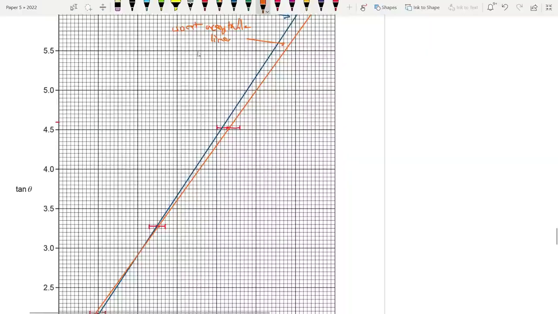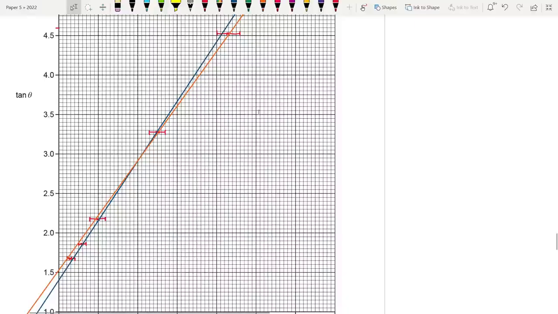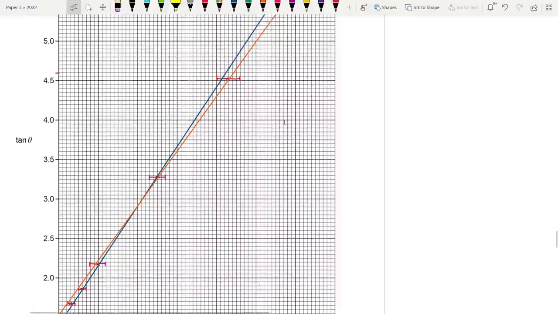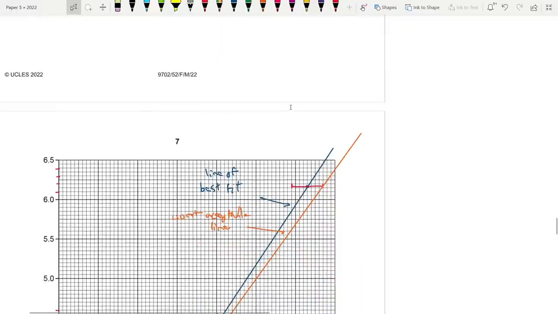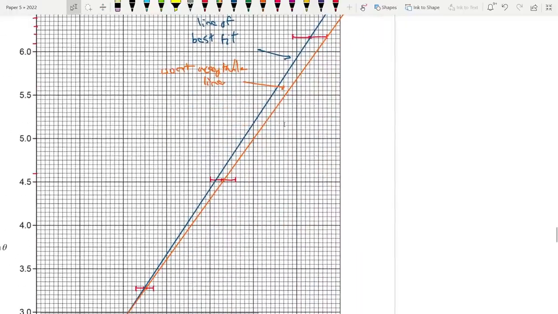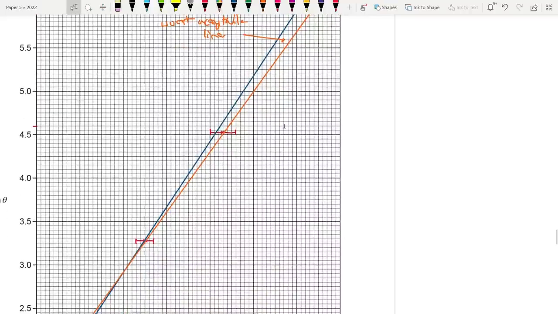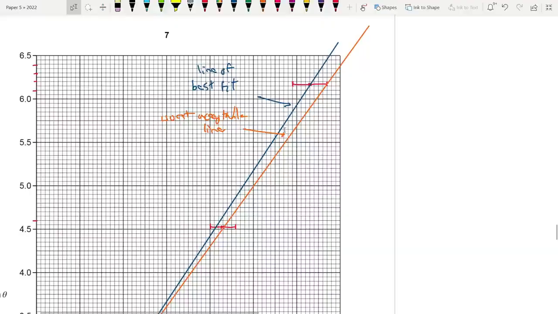Okay, so let's pick two proper points now to find out the gradient. Two pairs of points. You can use points from the table if your graph passes through them, but it's better if you don't. But you can use them, it's totally fine. And make sure the triangle is big enough, right?